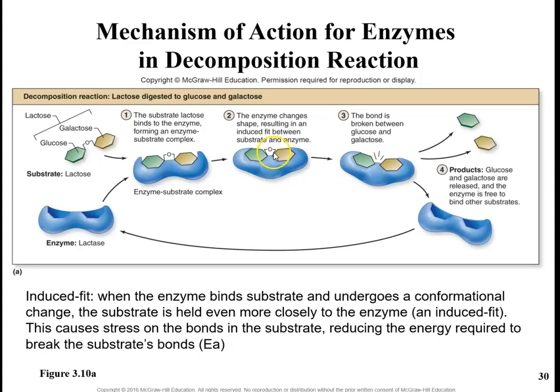And see how that puts stress on the bonds of the substrate? Whereas here the bonds were a little bit straighter, a little stronger, but now we've got extra stress on those bonds. That's called an induced fit, where the enzyme kind of wraps around even more tightly after the substrate binds. It puts stress on those bonds, and those bonds break.